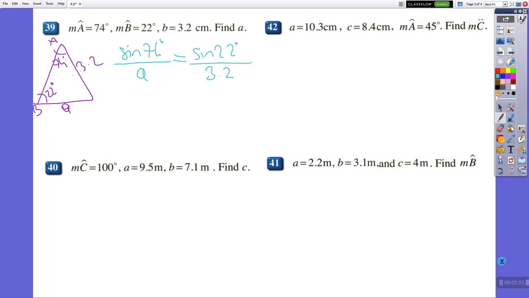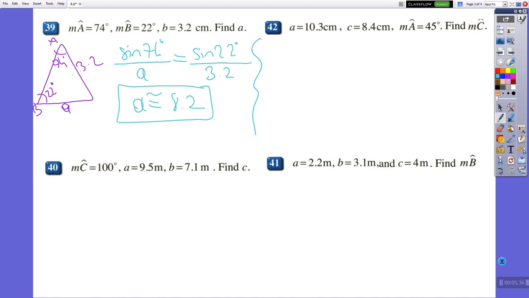So you do cross product. When you calculate it, you're going to find A as approximately 8.2. I'm not going to do all the steps. You can simply do it with your calculators.